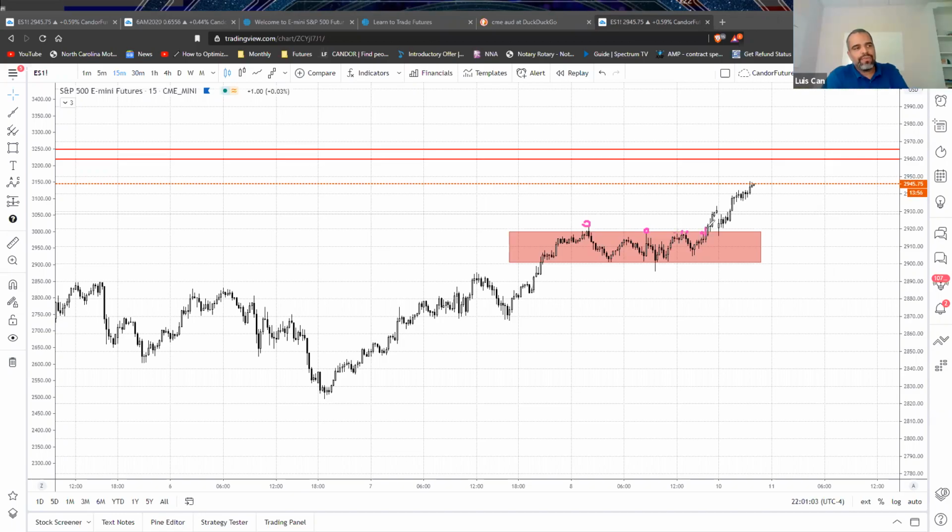This one broke, and look what happened. And so if you see the first attempt, this one is a pretty high probability trade to short until this bottom, which is right here.